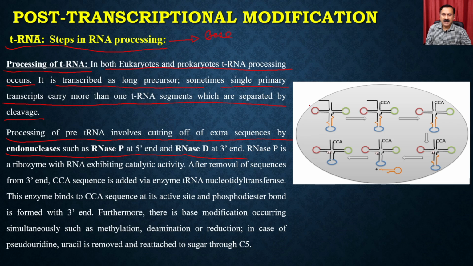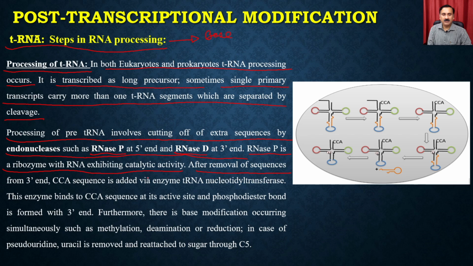So in the tRNA molecules, what you have is extra sequences. The extra sequences at the 5' end are going to be cleaved by the RNase P, and the extra sequences at the 3' end are going to be cleaved by the RNase D. RNase P is a ribozyme, with the RNA exhibiting catalytic activity.